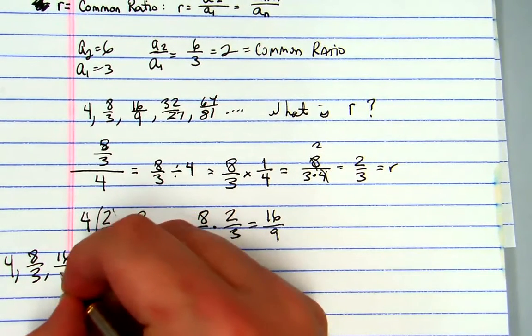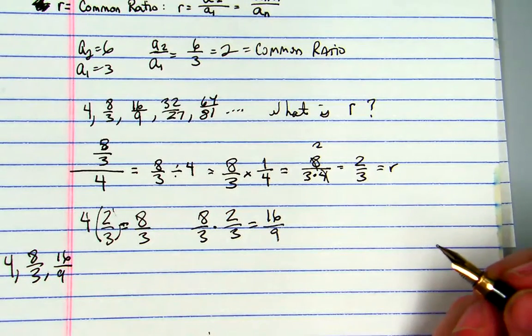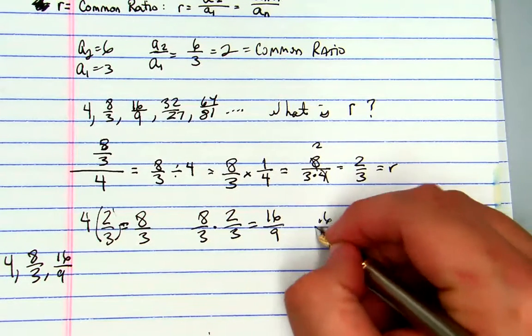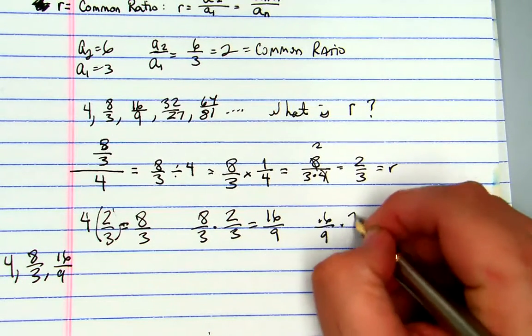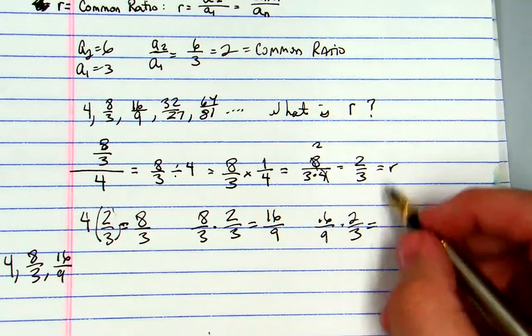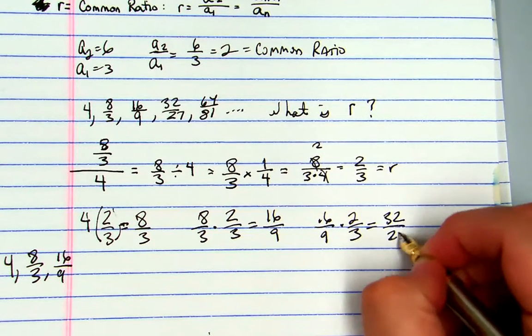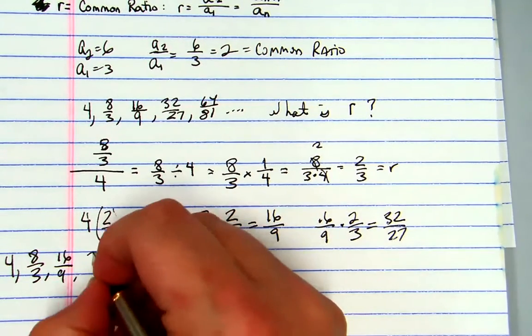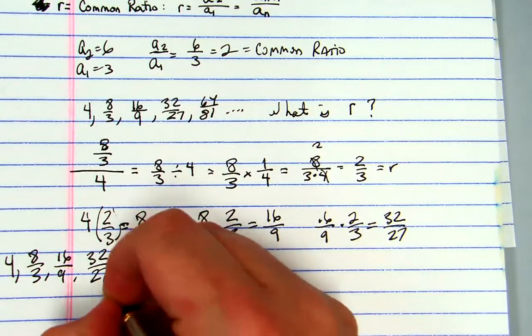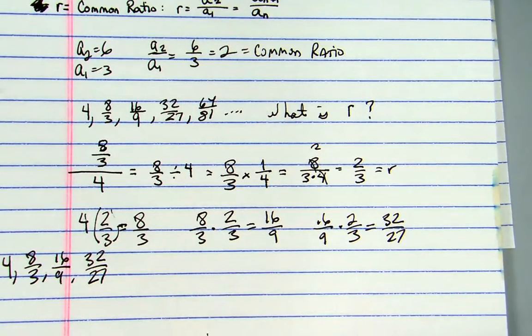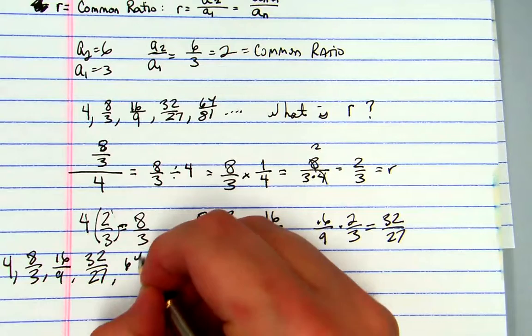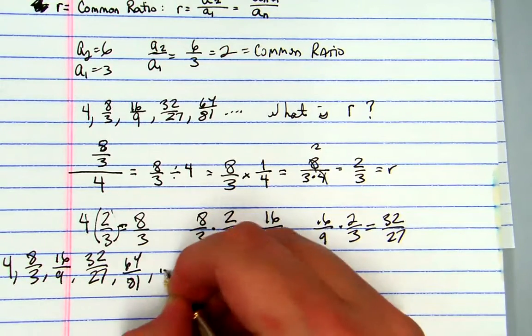That's our next term. Then you take 16 over 9 times 2/3. That's going to be 32 over 27. And then 64 over 81, etc.